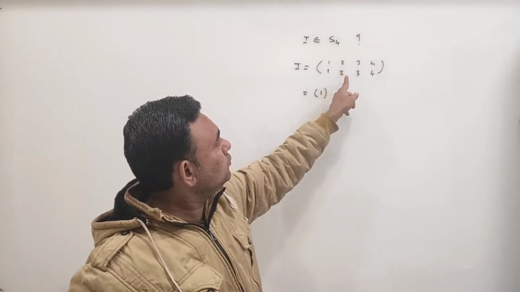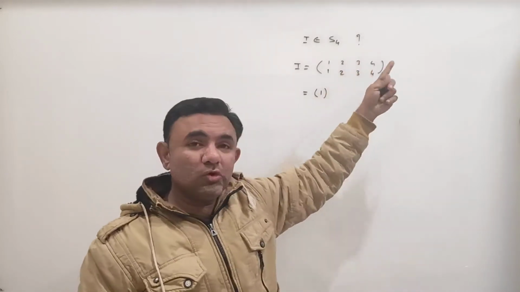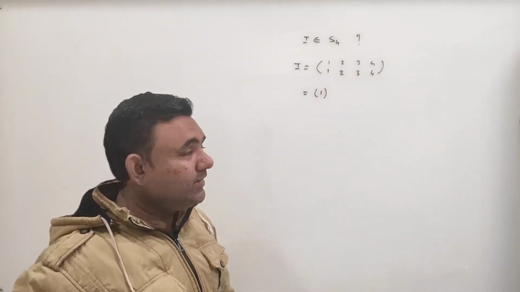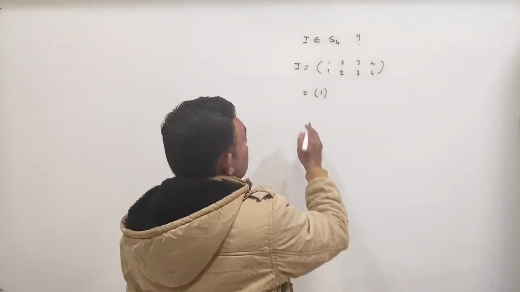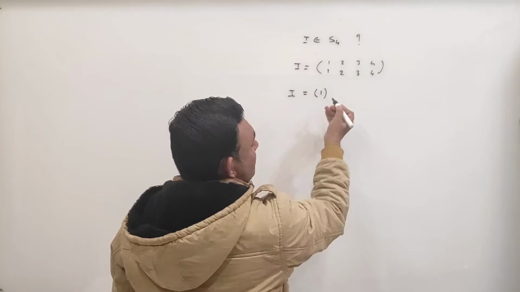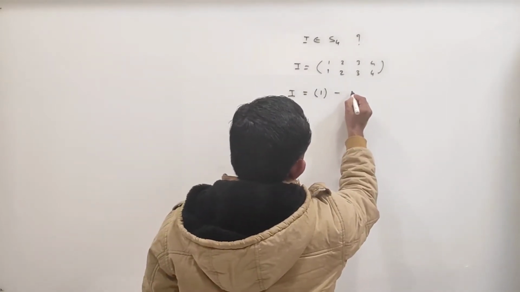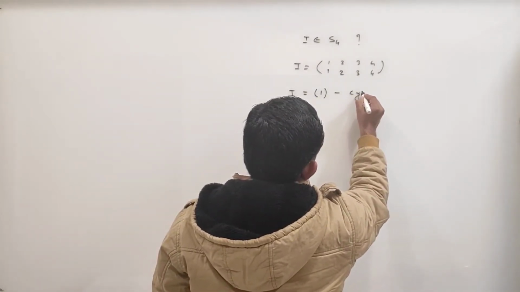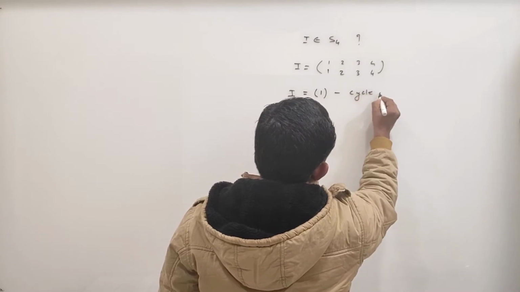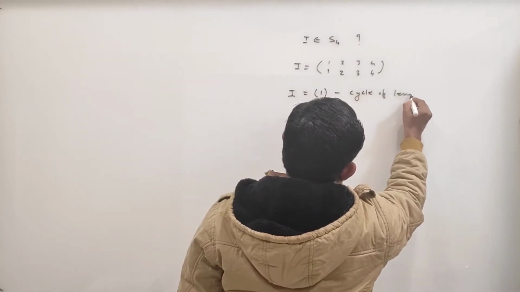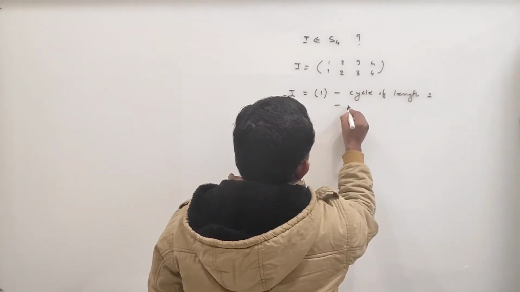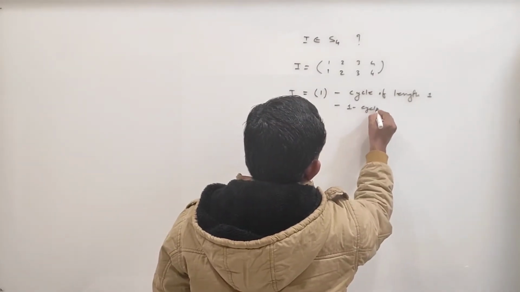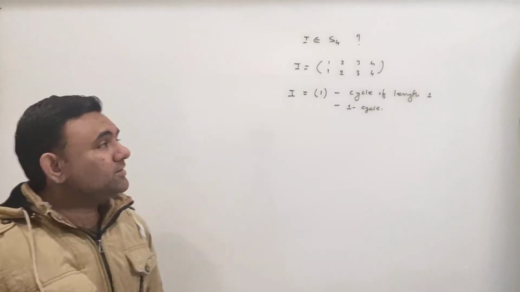Remaining elements are 2 goes to 2, 3 goes to 3, and 4 goes to 4, by definition of identity. So we will not write the remaining ones. So this I is what? I is a cycle, of length 1. Cycle of length 1, or we may say it is a one cycle.